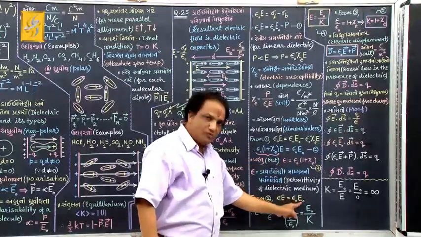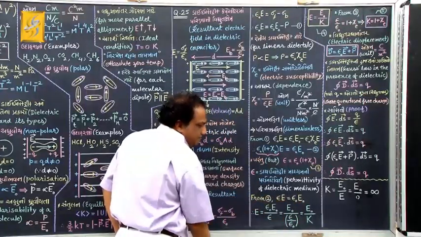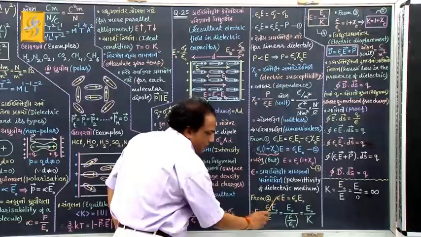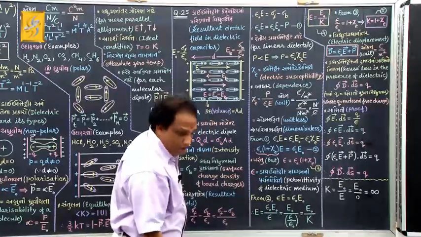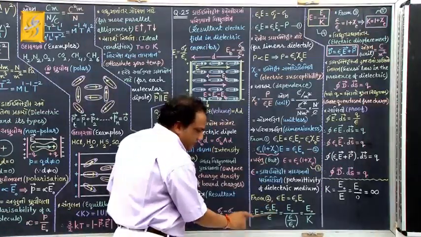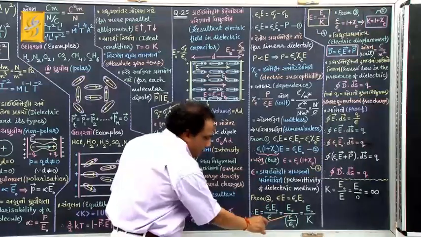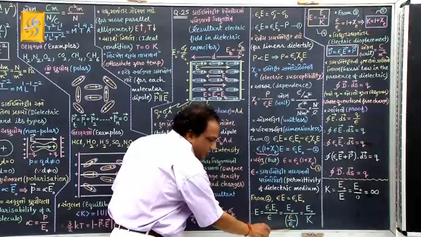Correct? Now, find out capital E from here. Then you can transfer this epsilon in the denominator. So it is epsilon 0 E0 upon epsilon. And now, this epsilon 0 you can transfer into the denominator's denominator. So here epsilon as it is, and this epsilon 0 I just transfer in the denominator's denominator.